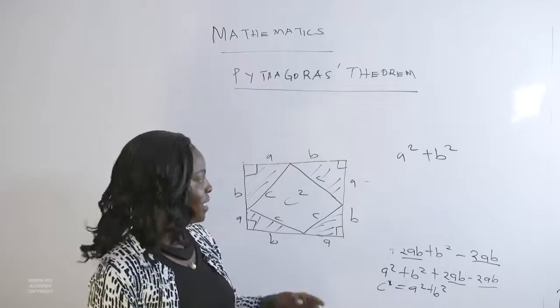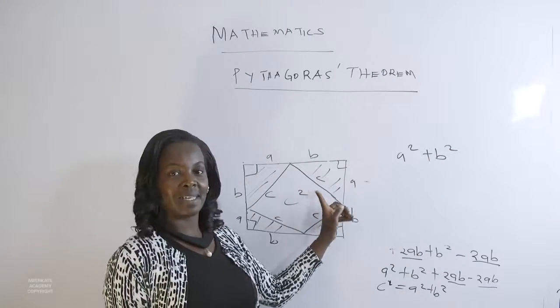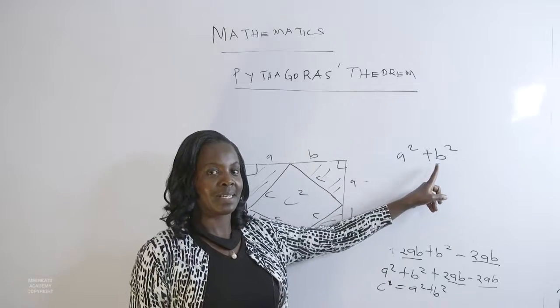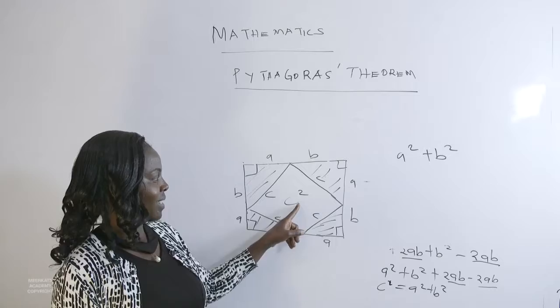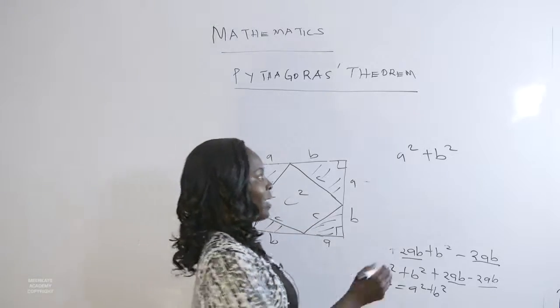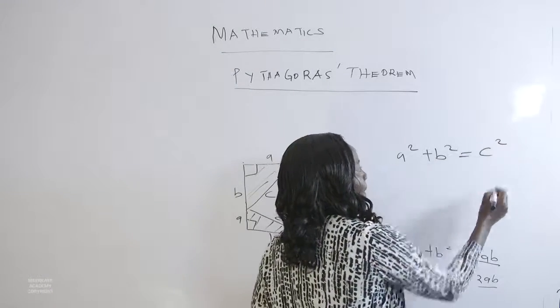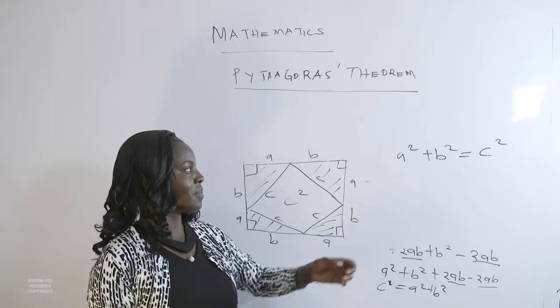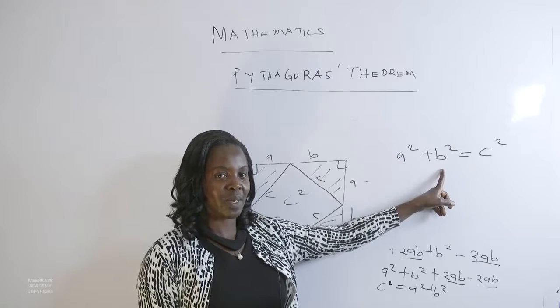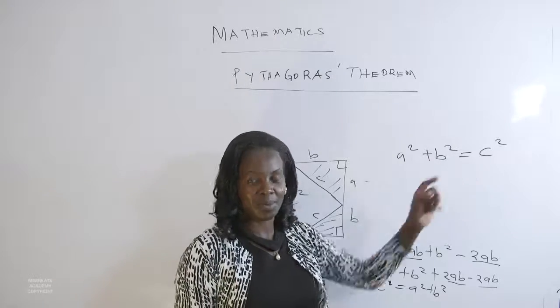From our calculation using a and b, the area of the inside square is a squared plus b squared. From using the dimensions of c, the area of the smaller square is c squared. So what do we have? The Pythagoras theorem. A squared plus b squared is equal to c squared.